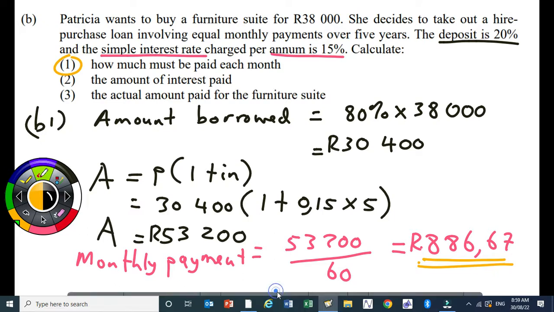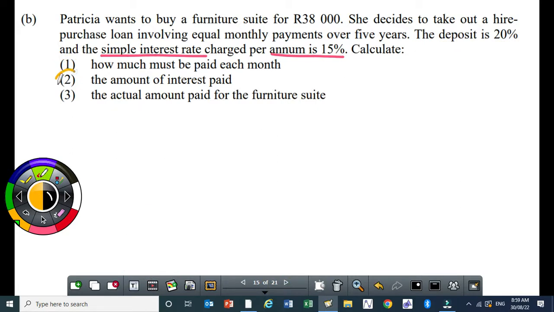Then the next question says the amount of interest paid. How much interest did she pay? Now, if you want to calculate the amount of interest paid here, remember we have the deposit, which was paid initially. Then we have 53,000, which also has to be paid. So how much interest did the person pay?